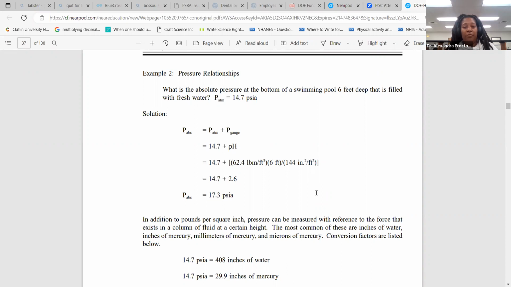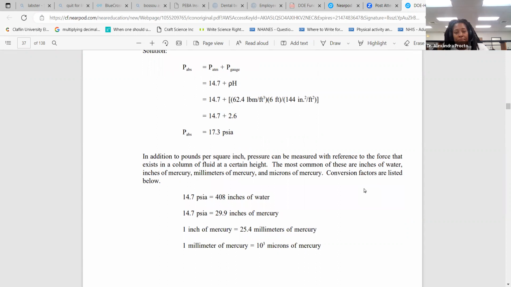So from this problem, there were some values that you already had to know. And you see that the only thing they gave you was how many feet deep the pool is.